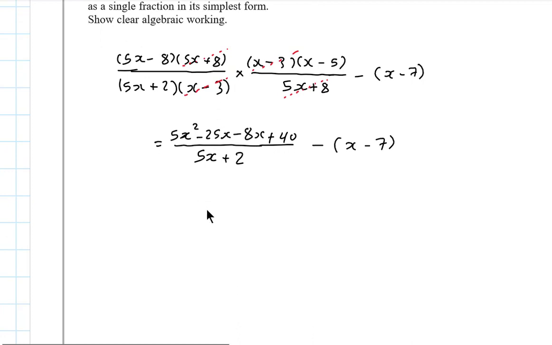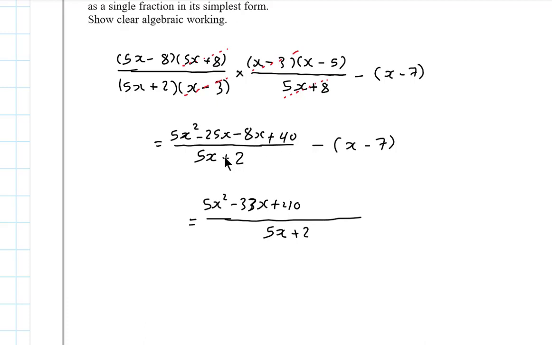To put them in a single fraction, we will collect them to just one denominator, which is 5x plus 2, of course. And here we have 5x squared minus 25 minus 8 minus 33x, and then plus 40.